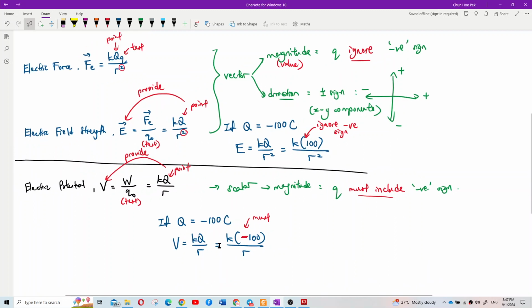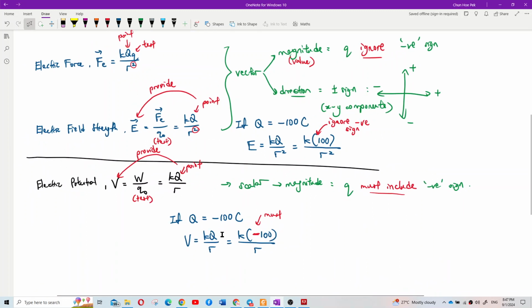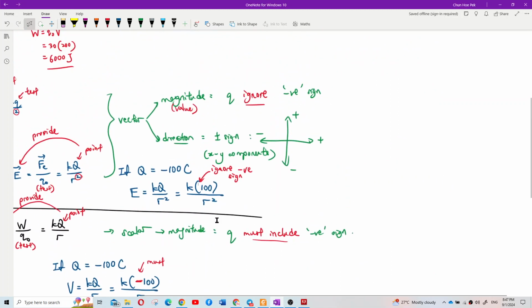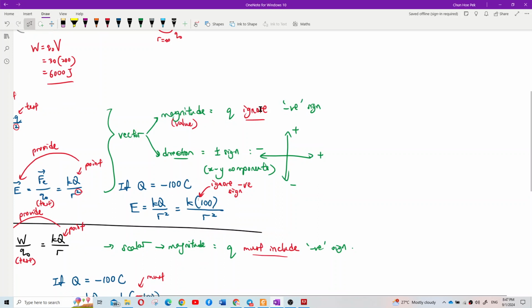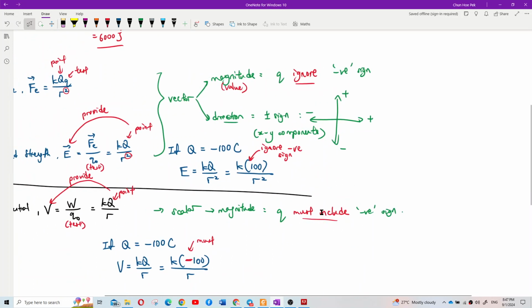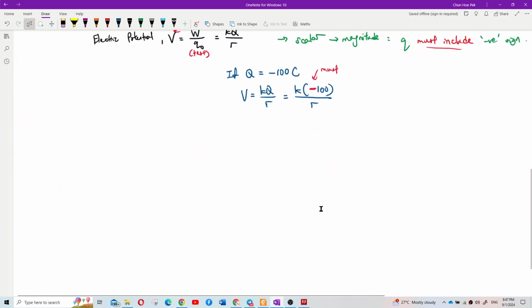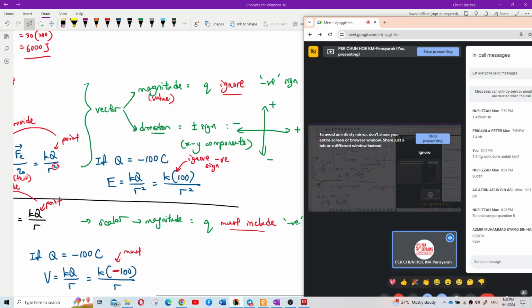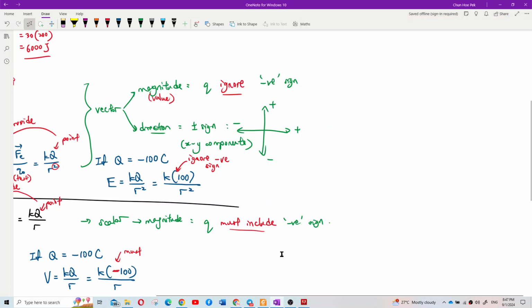Okay. Why like that? The question is why. Why does this charge ignore the negative sign, while this charge must include the negative sign, class? As simple as that. Even though you didn't ask anything, you are just quiet, I'm sure you have this question.